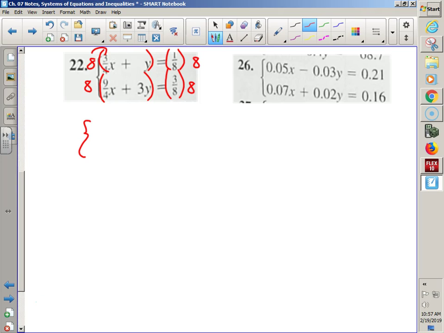4 over 8 becomes 2, right? So 2 times 3 will be 6x plus 8y equals 1. Down here, I'm going to end up with 4 and 8, 1 and 2, 18, plus. Which would you rather deal with, the first or the second?